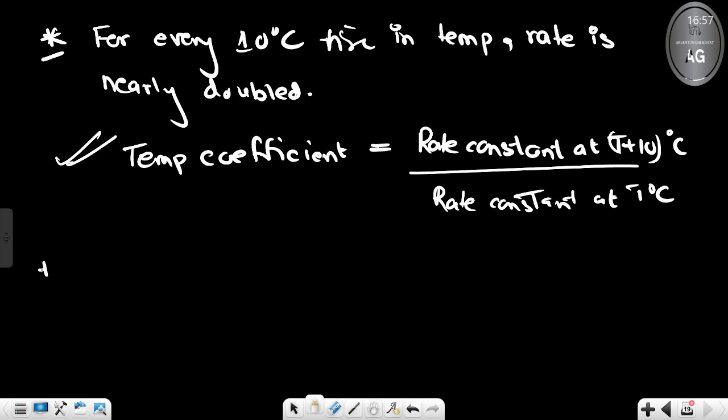Next. Collision theory. According to collision theory, the reactant molecules change into products only when they collide with each other.